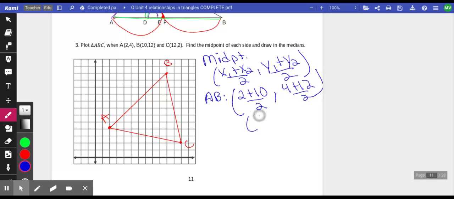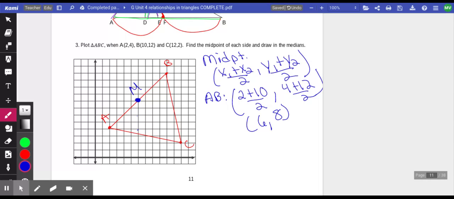That gives me the answer of 6, comma, 8. So the midpoint of AB is the point 6, 8, which is right here. I'm going to name that point M.